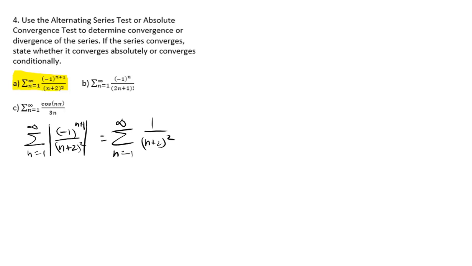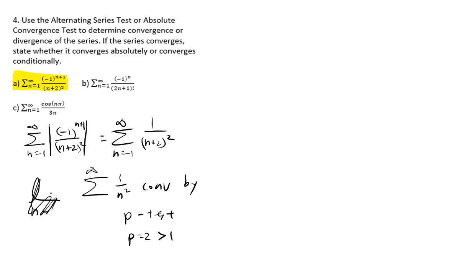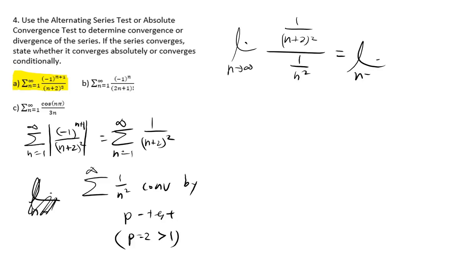Okay, so we will do the following. Limit, we're going to use limit comparison test. Oh, before we do that, we have to say sigma 1 over n squared converges by p test. P is 2 and that's greater than 1. Okay, and then we say limit n going to infinity, we compare the two, which is same as limit n going to infinity of n squared divided by n plus 2 squared.